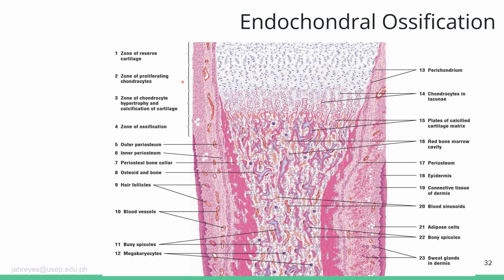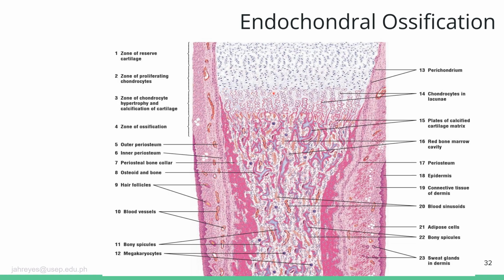Next, the zone of hypertrophy here. The zone of hypertrophy will contain enlarged cartilage cells, and the cytoplasm of these cells appears clear because of the glycogen that accumulates inside.